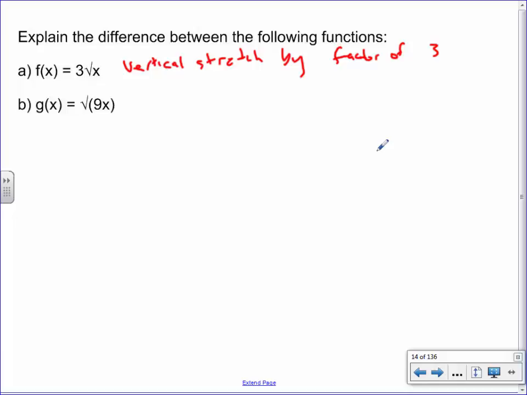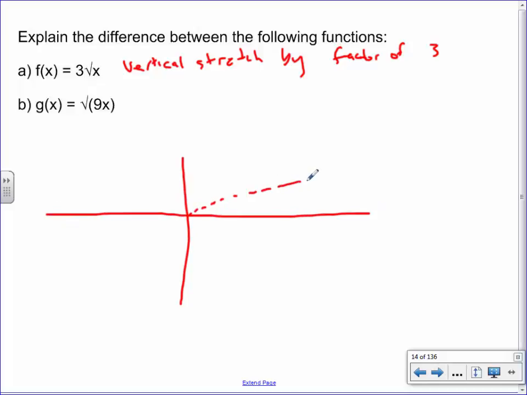Or as Talia just said there, it makes the graph taller, right? So without using a graphing calculator, what would that do to the graph? Well, it would take my good old-fashioned graph that looks somewhat like this, and it would just make it taller, that's all. So far, so good.